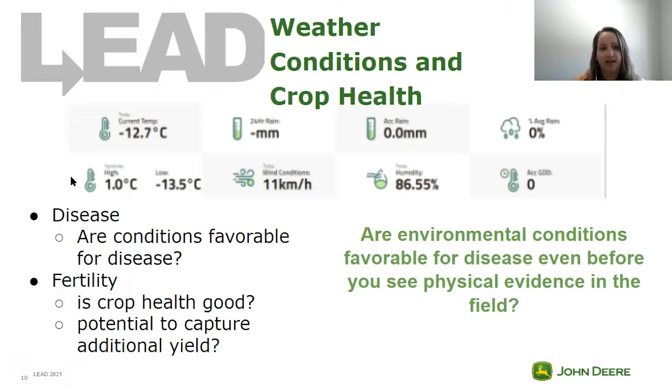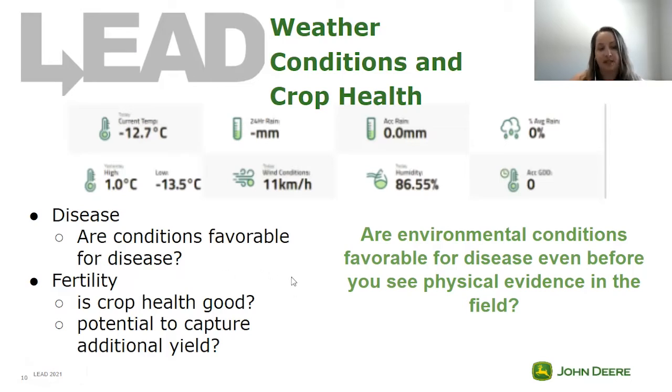The information provided here can give you more of an in-depth understanding of what the conditions are like in your field and whether they are favorable for disease. We can hopefully move to a more proactive rather than reactive approach when it comes to disease management when we have this information.